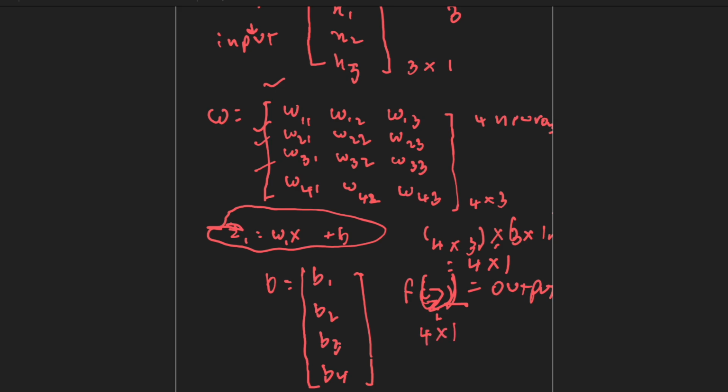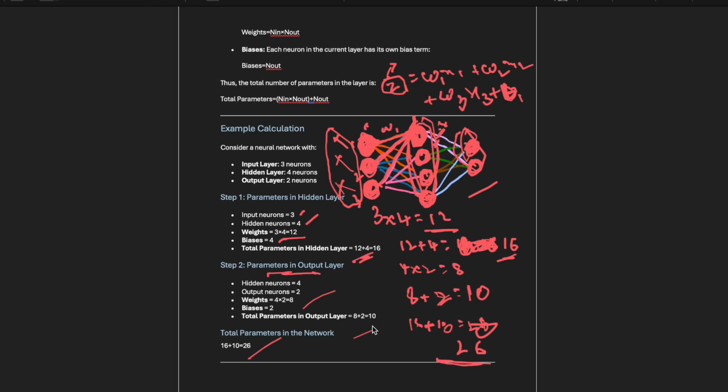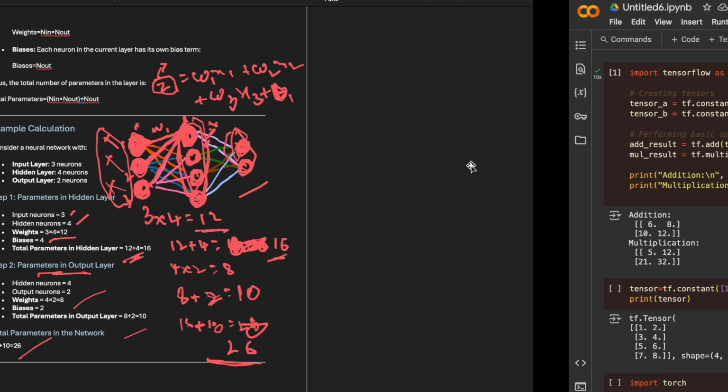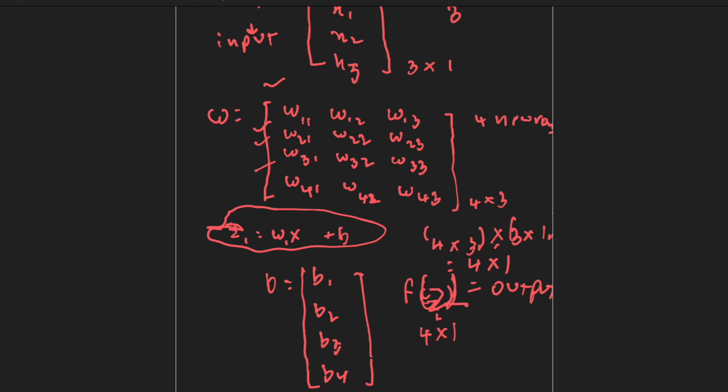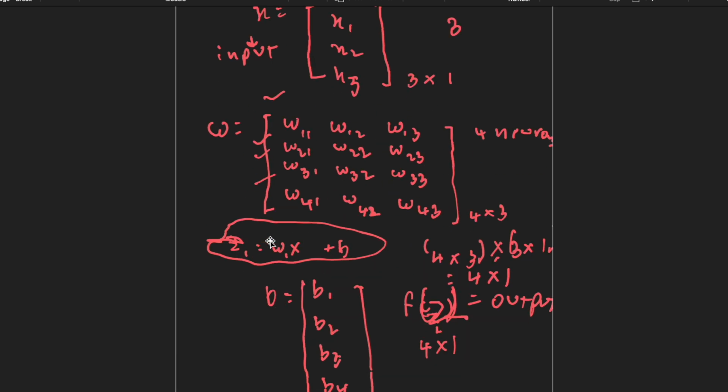Then this 4 will be multiplied by the weights associated with the output neuron, and the next weights will be like this. Let me insert a blank page here. So, as I said, after passing through this, take it as Z.